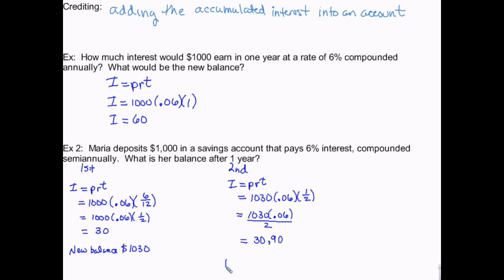So then the balance would be 1030 plus 30.90. Okay, and same amount, same rate, same length of time, but because they did the calculations twice instead of just once, you got an extra $1 almost.